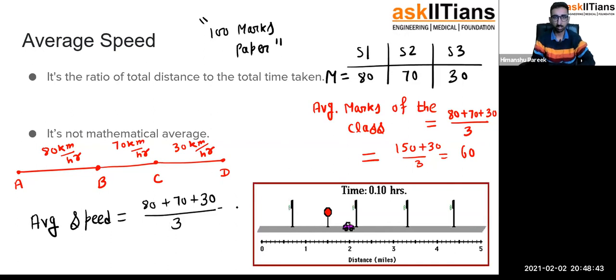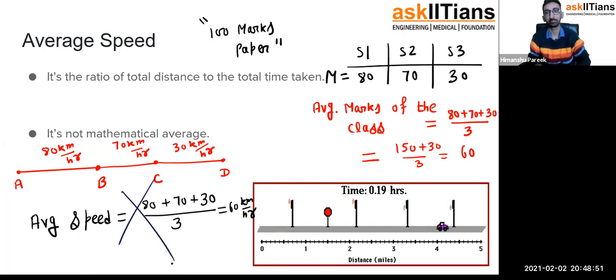The answer would be 60 kilometer per hour. And then if you write down this answer, you don't get any marks. It would be wrong. Average speed equal to 80 plus 20 plus 30 divided by 3 is completely wrong.